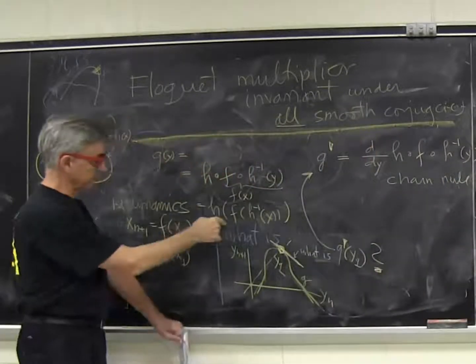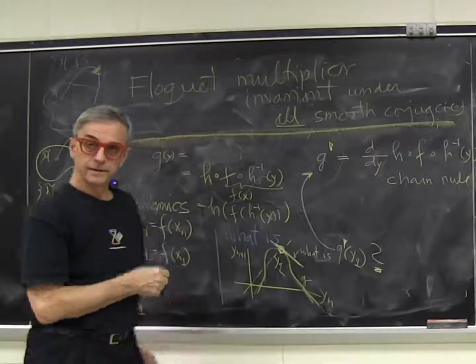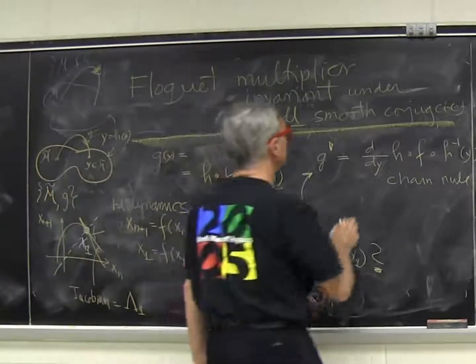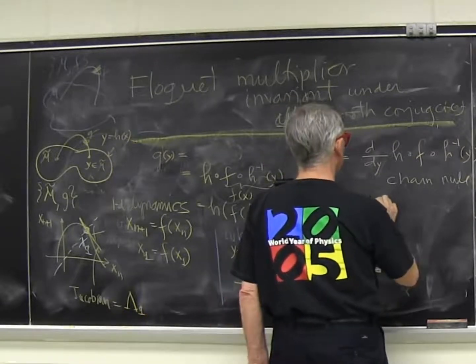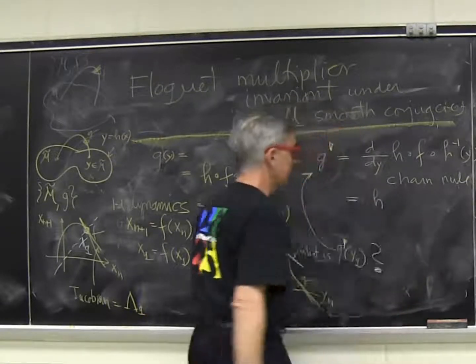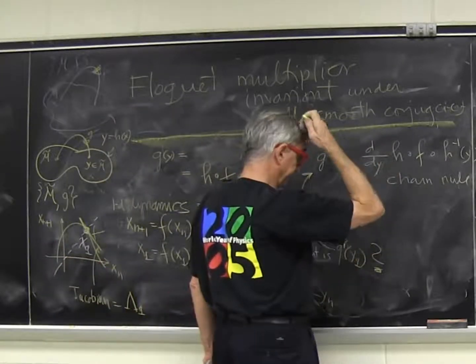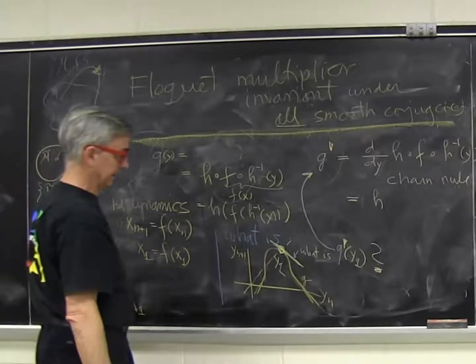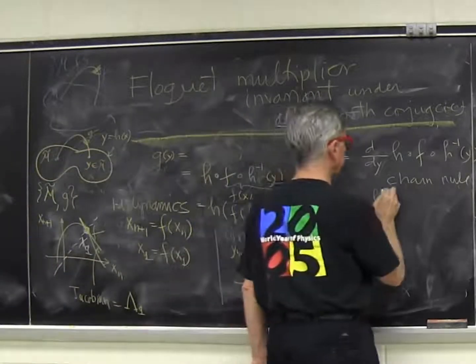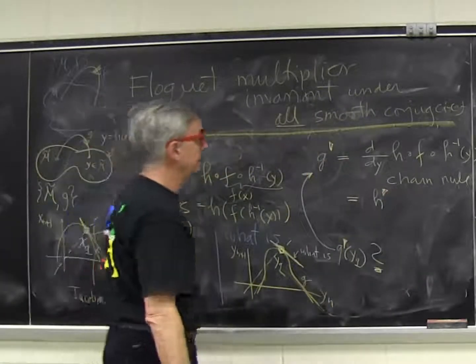This is a function of a function of a function, so it'll be a product of 3 derivatives in a chain rule. So the first one is the derivative of h with respect to its argument, which is where I'm in this space.